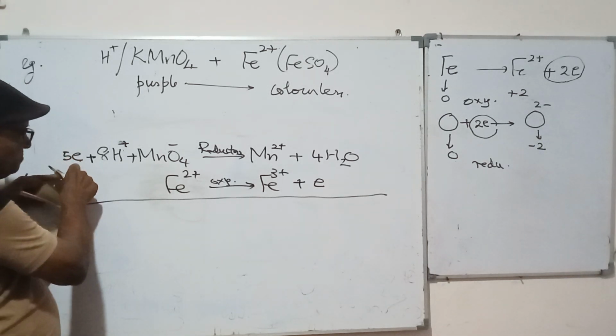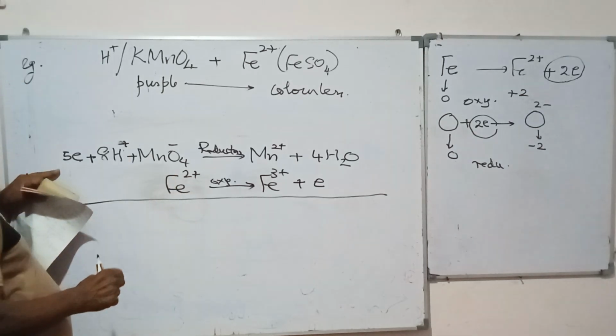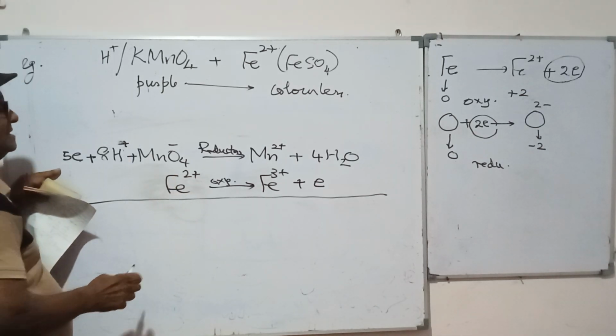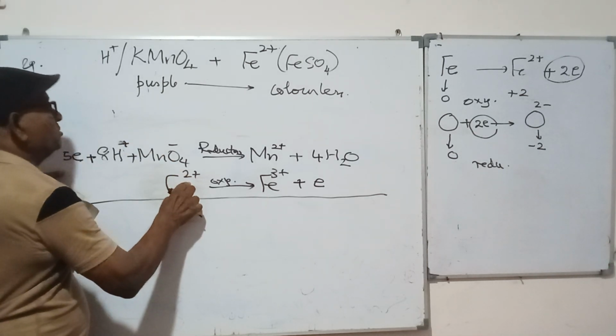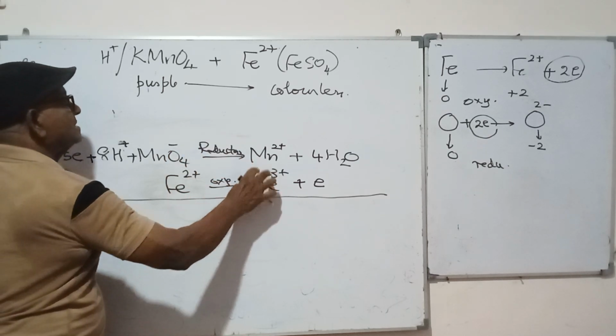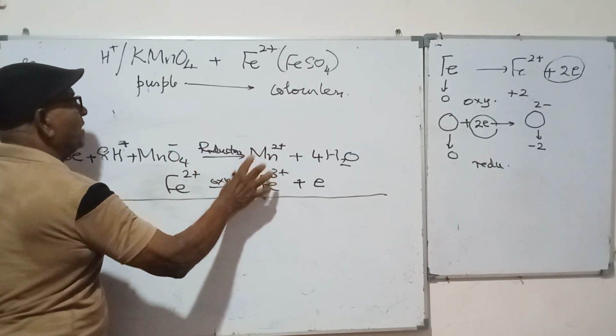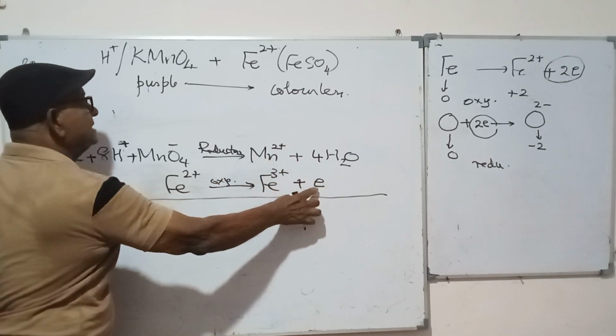These 5 electrons should be given by Fe2 plus. One Fe2 plus converts to Fe3 plus, giving out 1 electron.